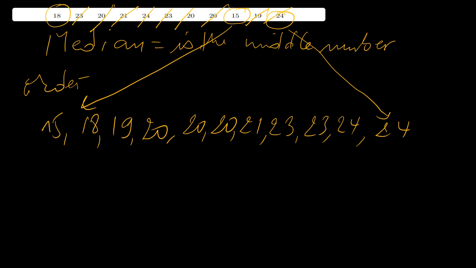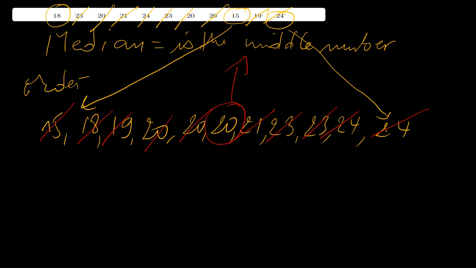After that, we cross out the ends until we have one number left. So let's cross the ends: 15 with 24, 18 with 24, 19 with 23, 20 with 23, 20 with 21, and the number left is in the middle of the set.